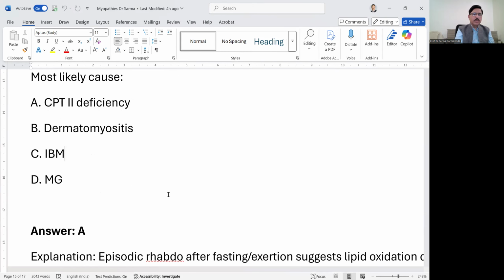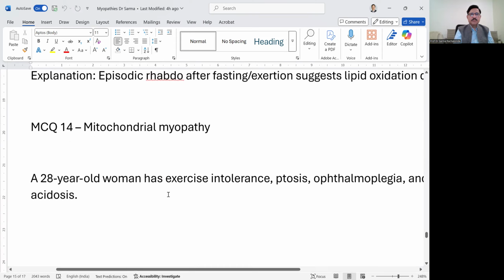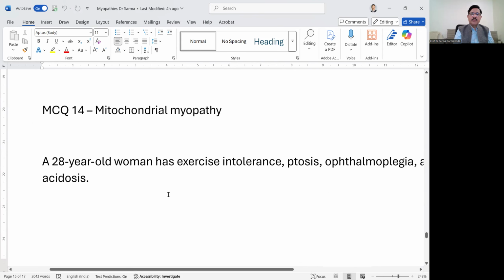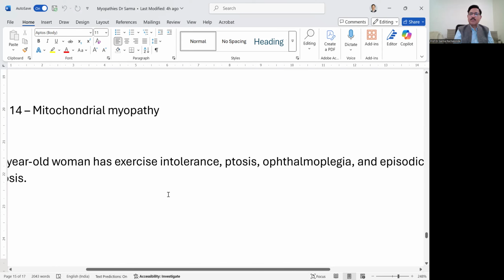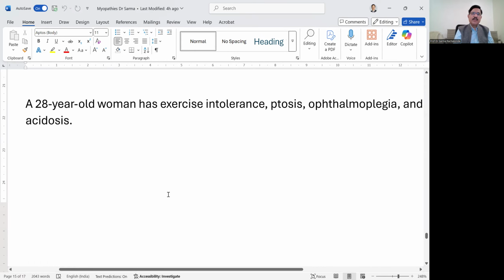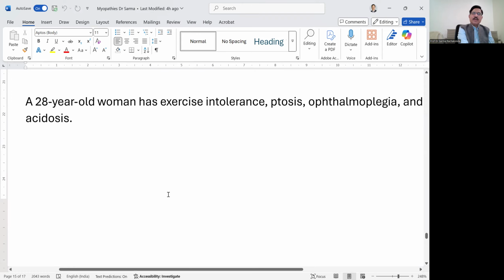Next one. Exercise intolerance, ophthalmoplegia, bulbar involvement, ocular involvement, episodic weakness. What is exercise intolerance?